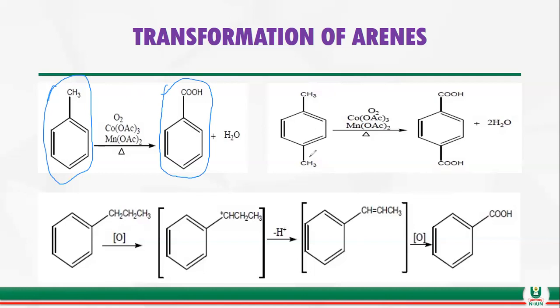Good. Now, let's look at one that has two methyl groups. Can somebody help us to name this compound? And you are using molecular oxygen in the presence of cobalt acetate or manganese. It's a strong oxidizing agent that even with two CH3, it oxidizes both of them to carboxylic groups. Paramethyl toluene.